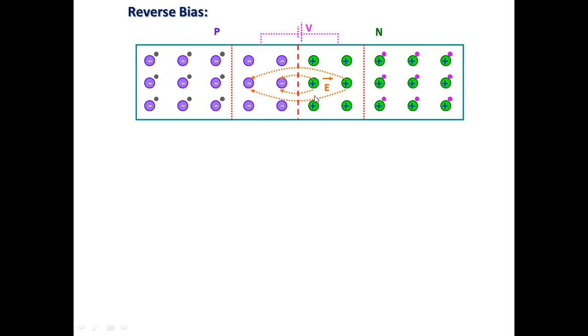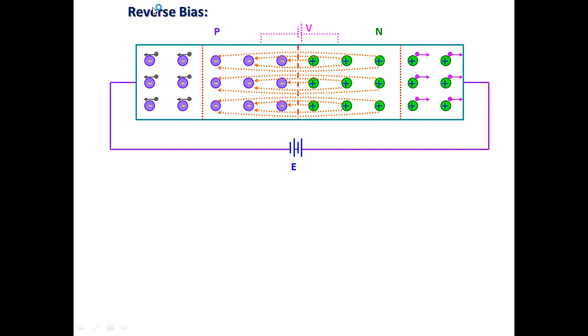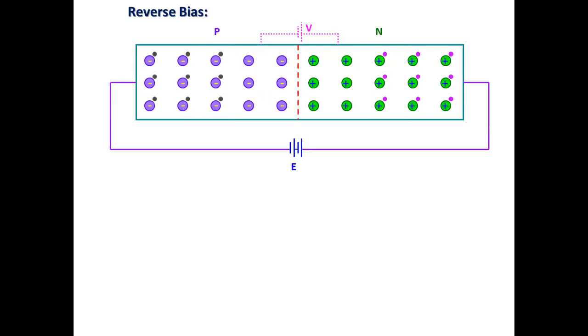It will increase. So if the depletion region is increased, then what will happen? It will block the current. See here. Starting, it was like this. Once I provide the supply, just check this.